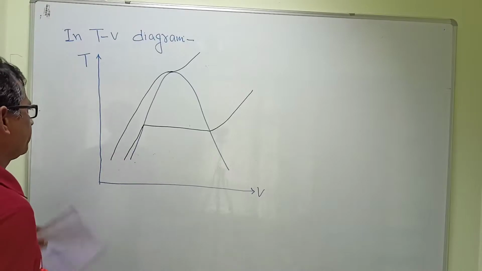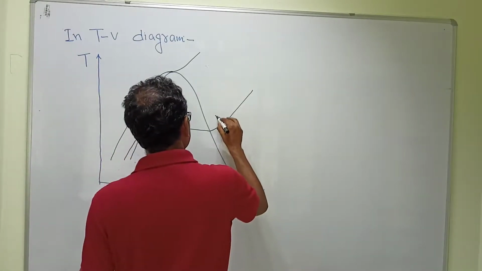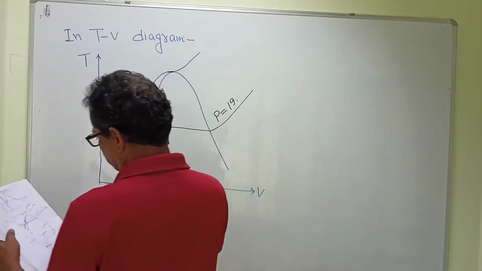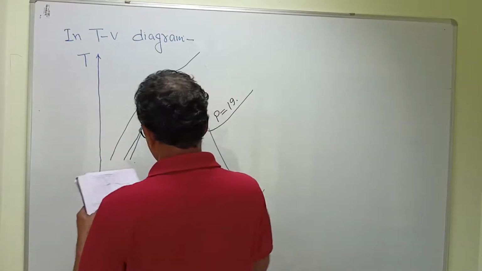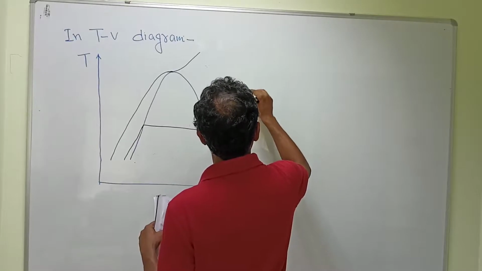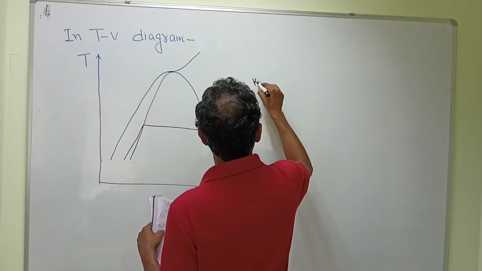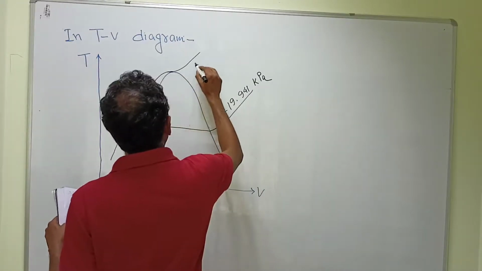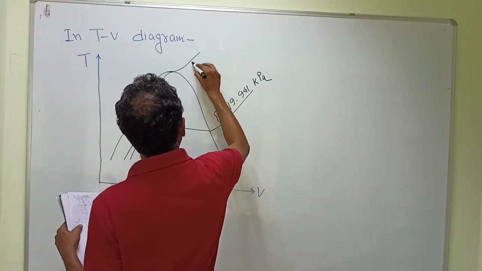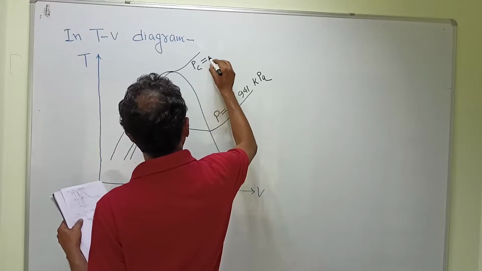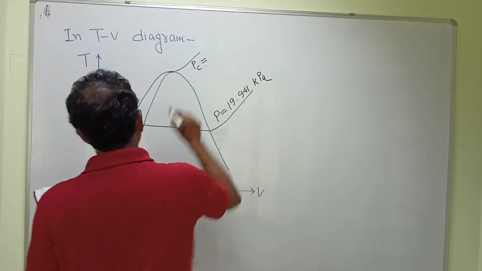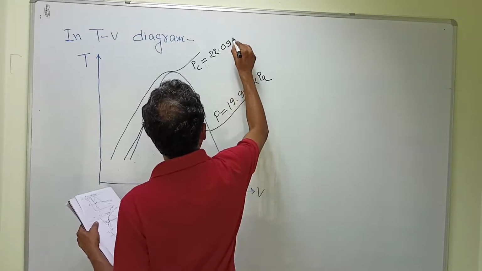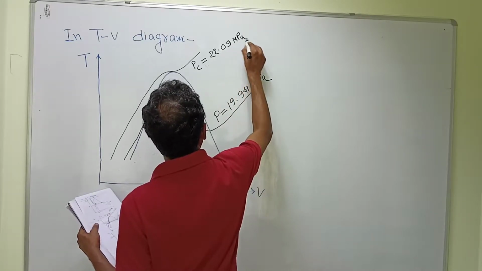This is 19.941 kilopascal. This is the critical pressure line, critical pressure PC equal to 22.09 megapascal.